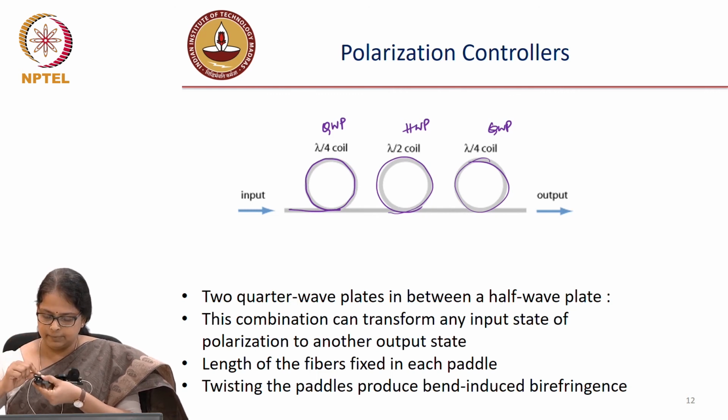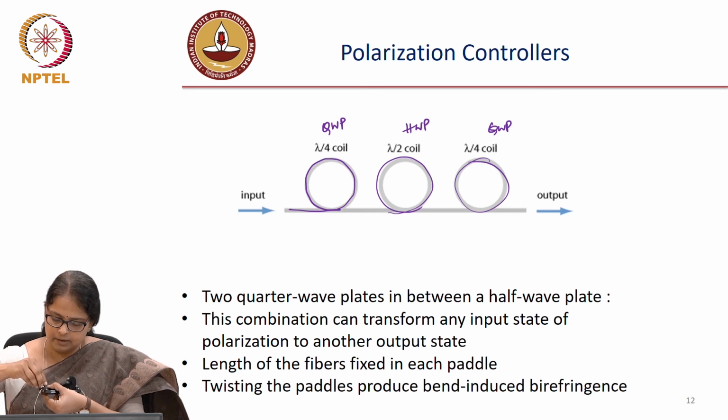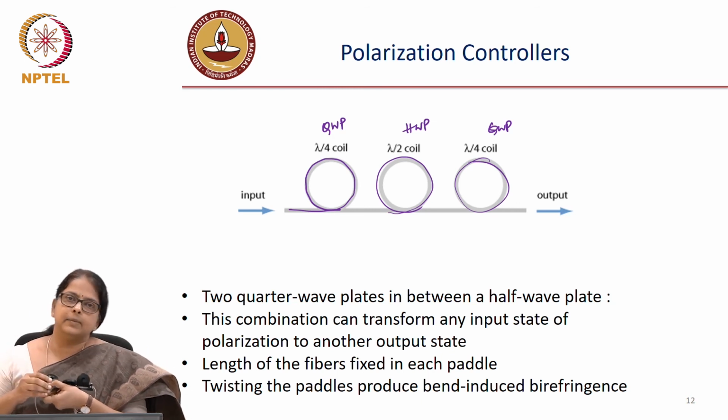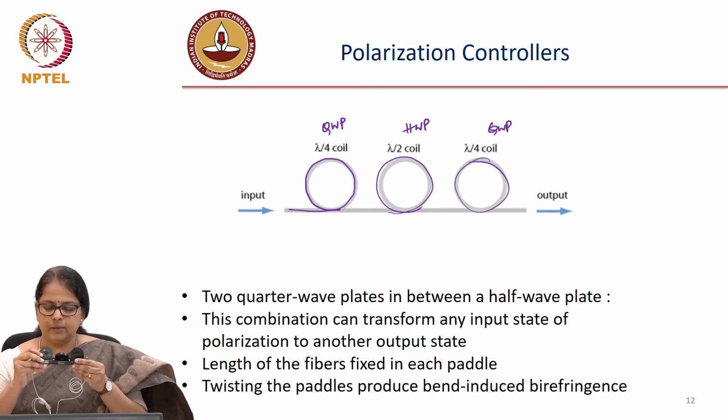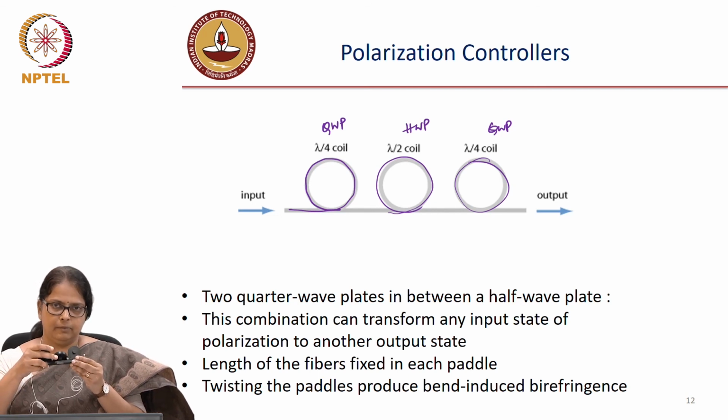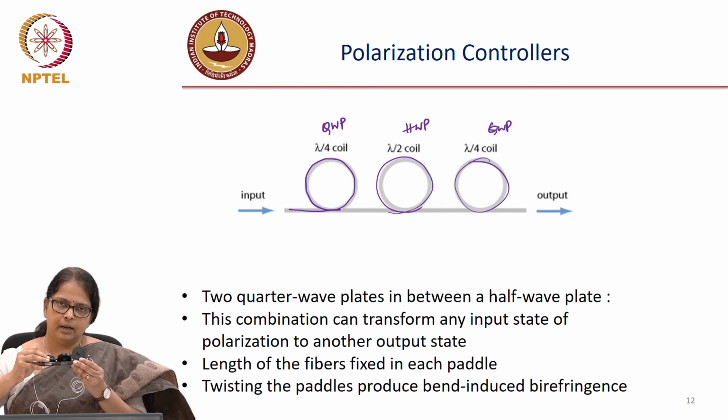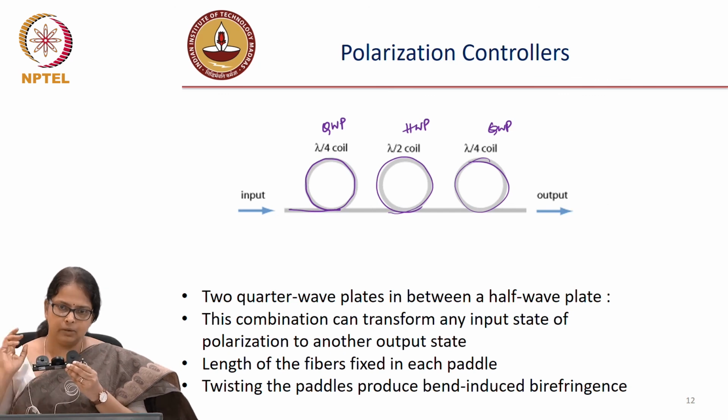You see the fiber is kept bent here, and there are a certain number of turns in each bend, and that also influences the birefringence, because it is delta n times L that decides the phase difference between the x and y polarizations. This one is a quarter wave plate, this is a half wave plate, and this is a quarter wave plate. You can turn from one end to the other, and that allows the fiber to undergo this bending process, and that's how you convert from any polarization to any other polarization.